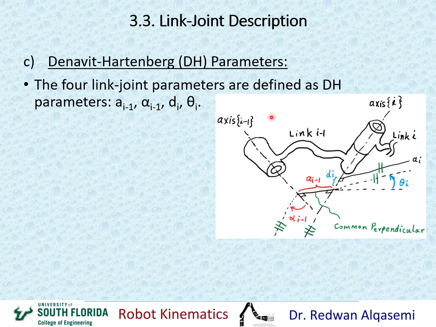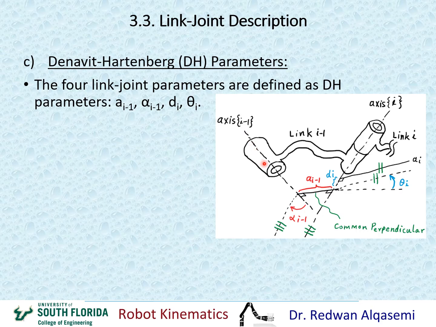Now, if you look at this, this is a general, awkward-looking link, just so that we can put things in 3D perspective. So if this is the joint for axis i-1, and this is the joint for axis i, and they are twisted and at a distance, and this is link i-1 between these two joints.